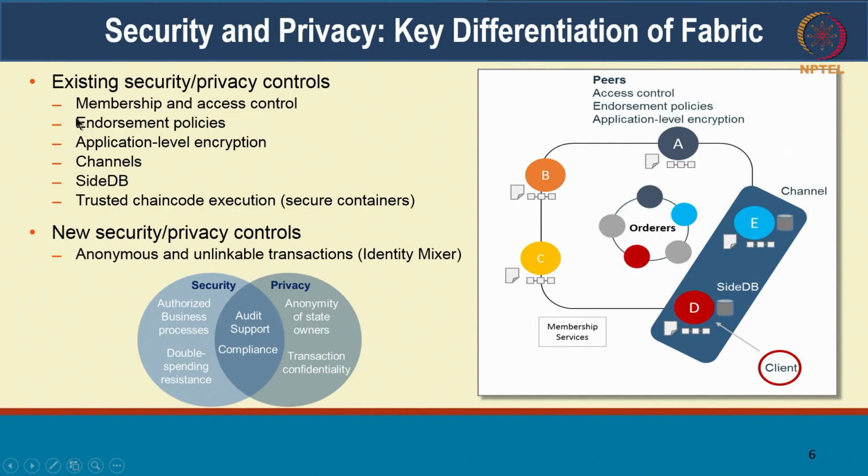Who needs to sign off on a particular transaction. So that's really the endorsement policy. You can apply application level encryption to provide privacy guarantees on who gets to see the data. So unless you have the application layer key, the secret key that was used to encrypt the transaction, you won't be able to decrypt it.